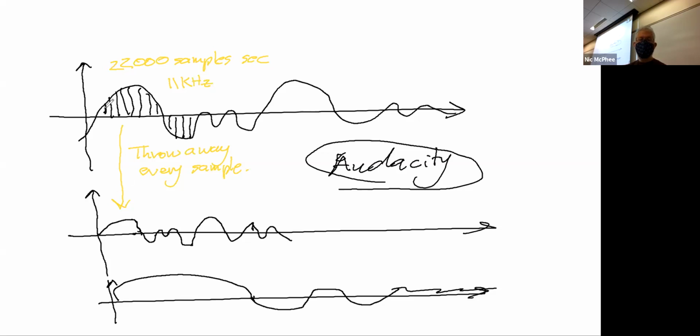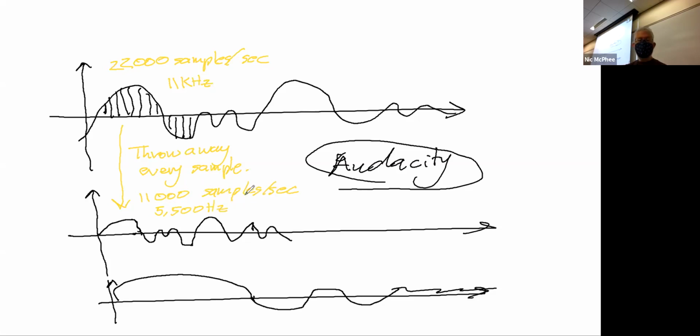And if we throw away a bunch of samples, then in some sense, this is effectively like bringing the sampling rate down to 11,000 samples per second. So we're actually looking at about 5,500 hertz.